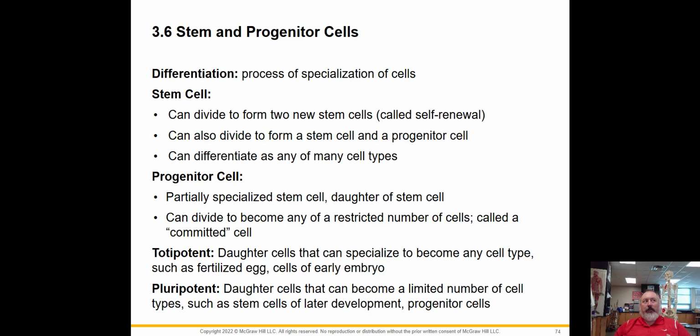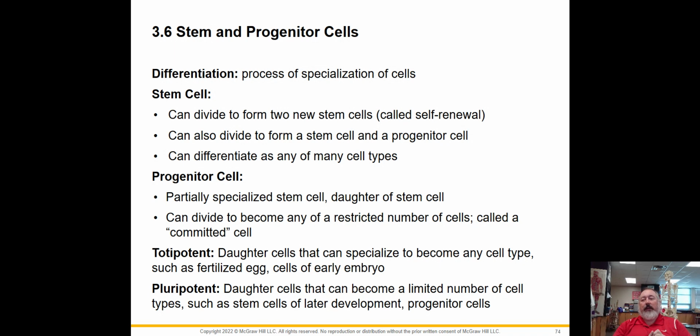What is pluripotent? With pluripotent, one cell can become one of, say, 8 different types. That's closer to a description of pluripotent, whereas with totipotent, one cell can become any of the 200 types of cells we have.